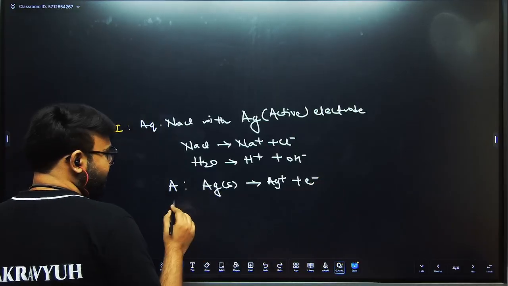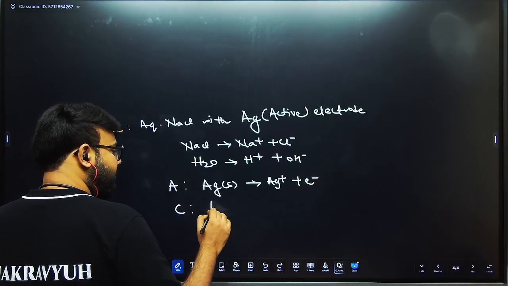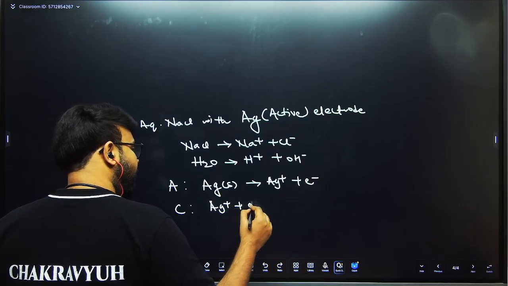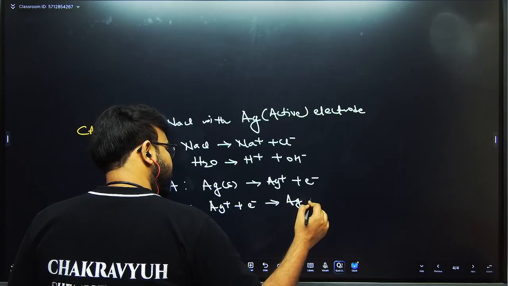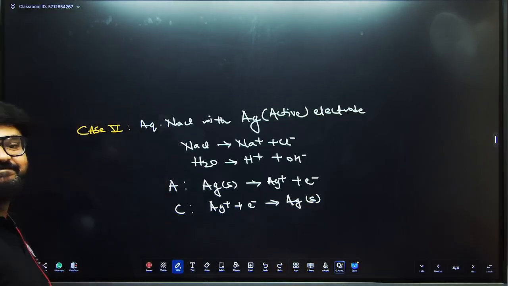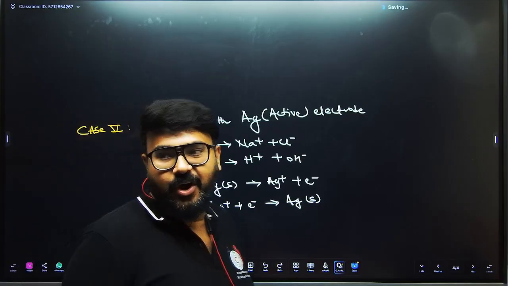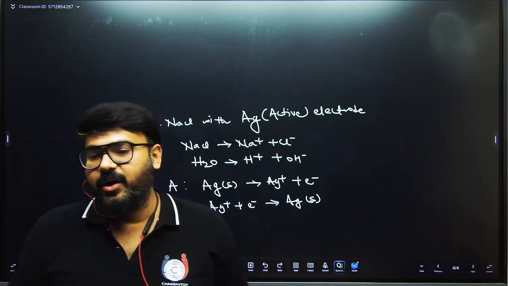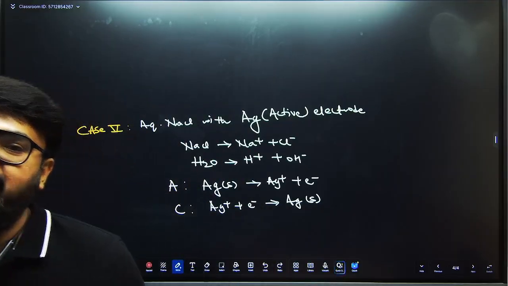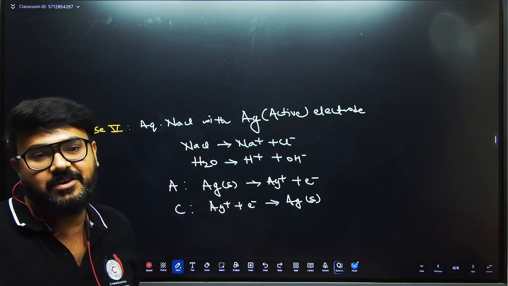And after that, at the cathode, this Ag+ will gain one electron to go back to Ag. That's it. All other reactions stop. Only the active electrode participates at cathode and anode, right?